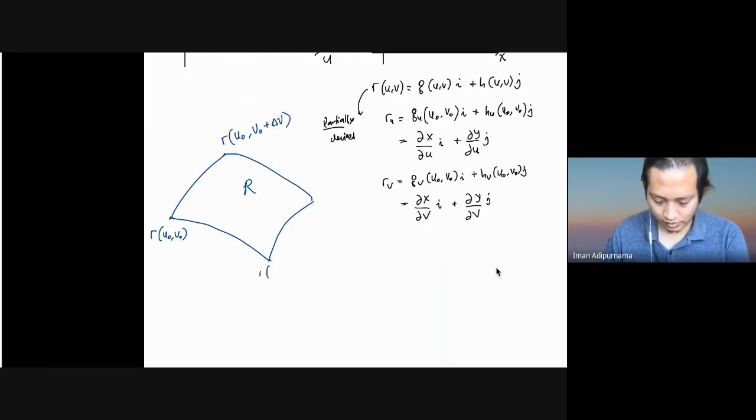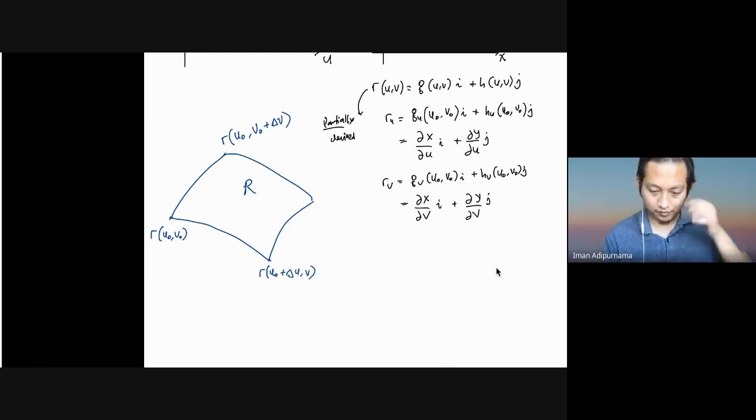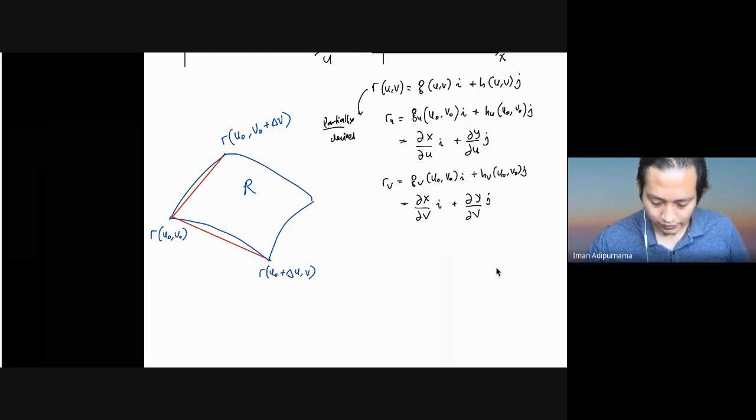And here is R of u0 plus delta u and v0. Remember that we can approximate this by this line here. Let's say this is another vector; let me write this as vectors a and b.